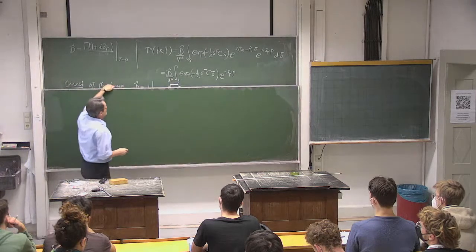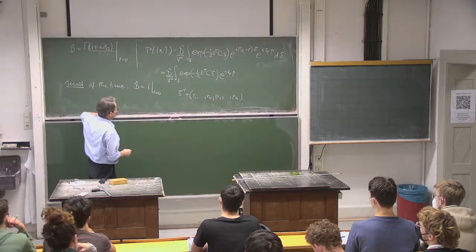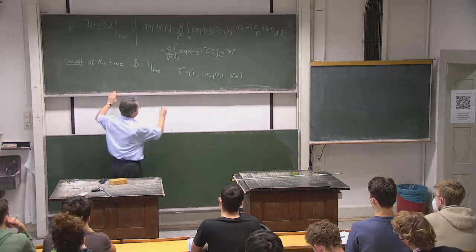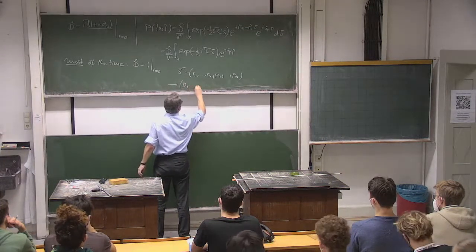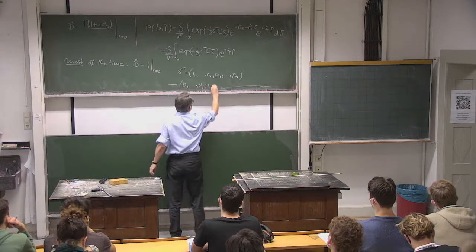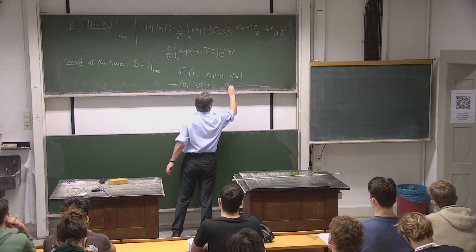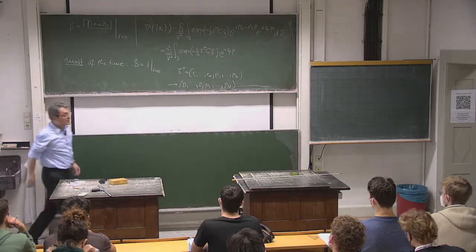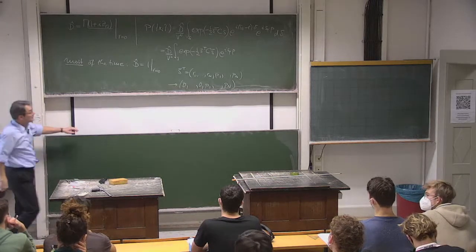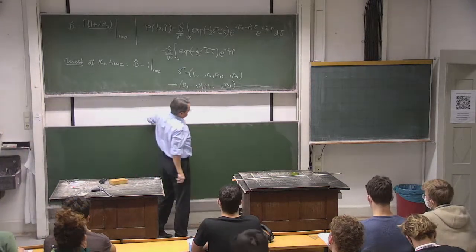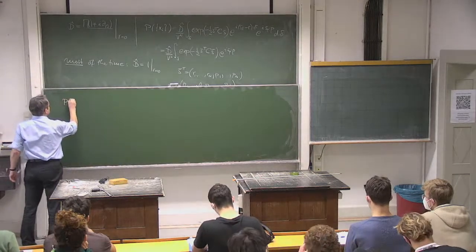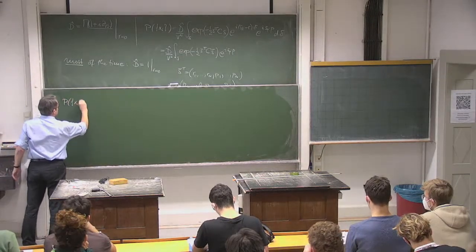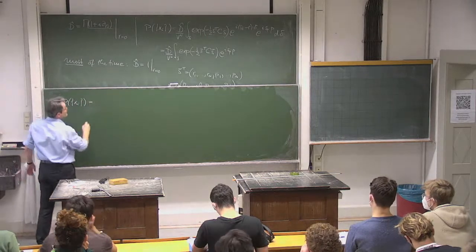So the S bar is going to change like that. Then the probability distribution is going to change like that.